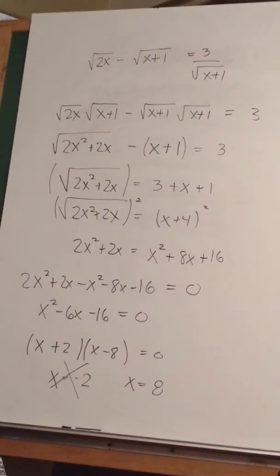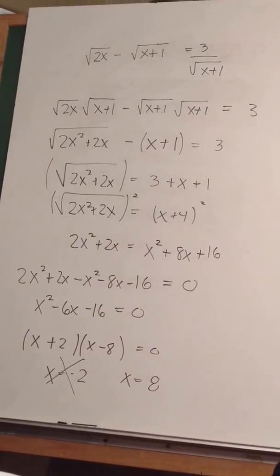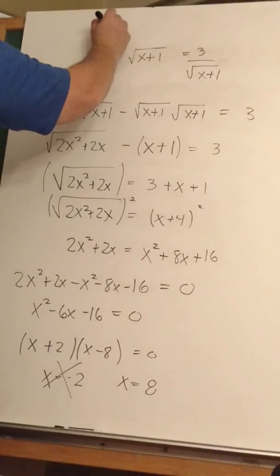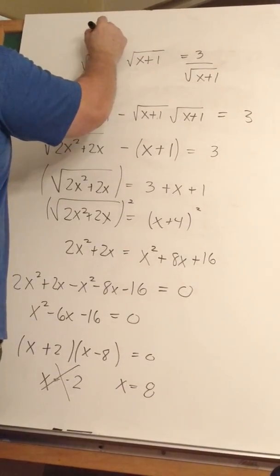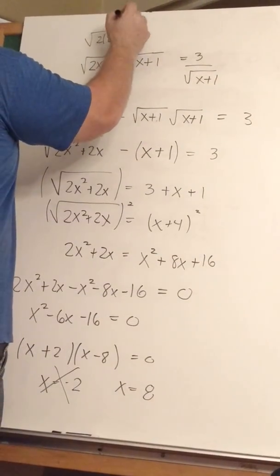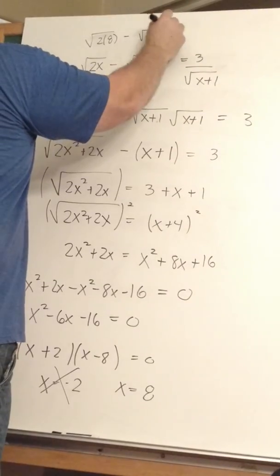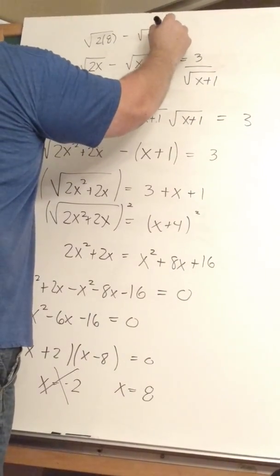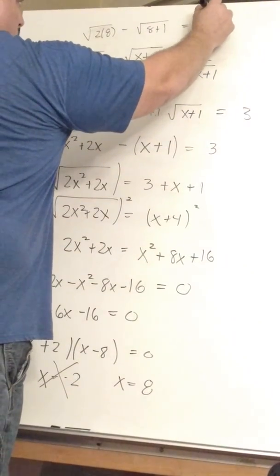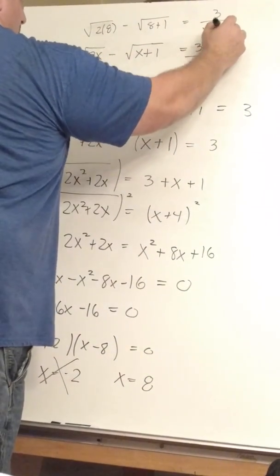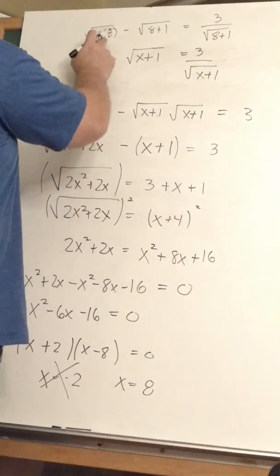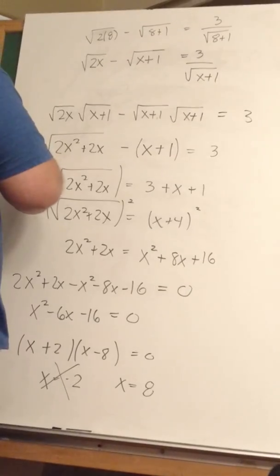But if I put in x equals 8, I'll get the square root of 2 times 8 minus the square root of 8 plus 1 equals 3 over the square root of 8 plus 1. I ran out of room.